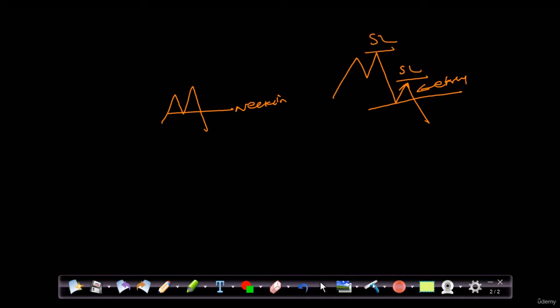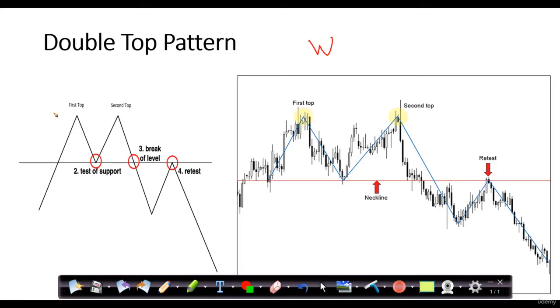That's the whole summary of the double top pattern. Hope you got what the double top pattern is. After the breakout and the retest, I will make an entry at this position, and this is a very safe entry. I will put the stop loss here, or as a safe side, if I have the risk capacity, I will put the stop loss here.